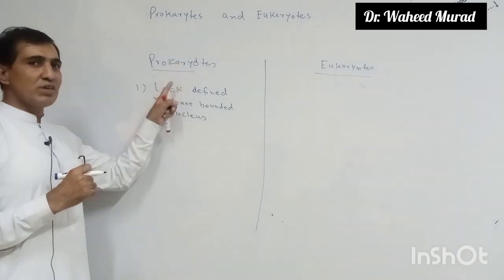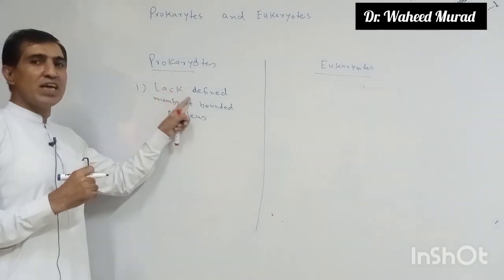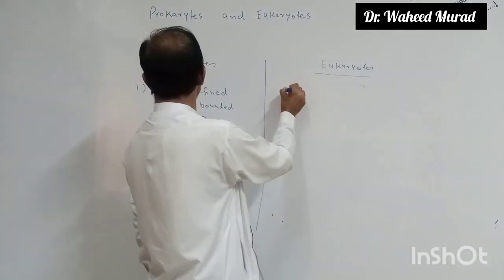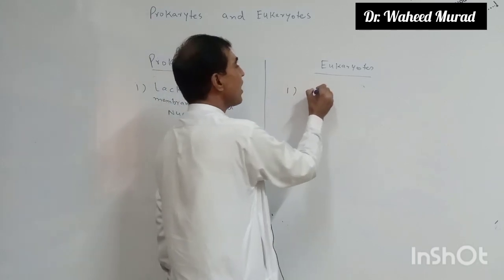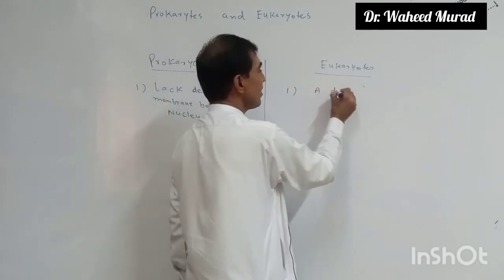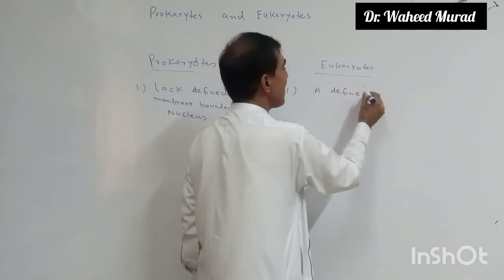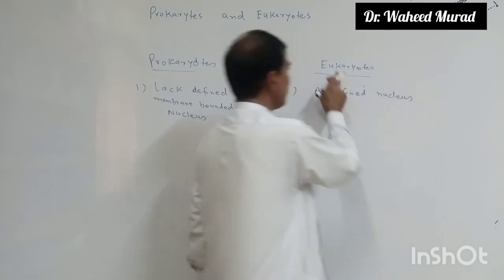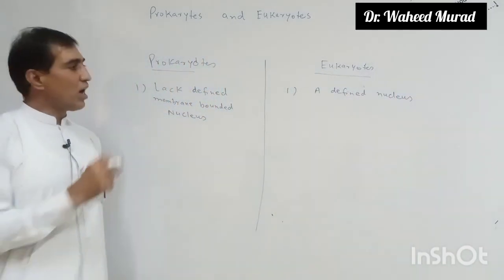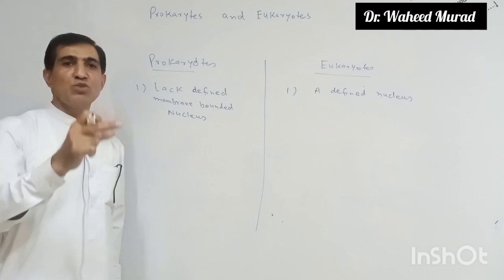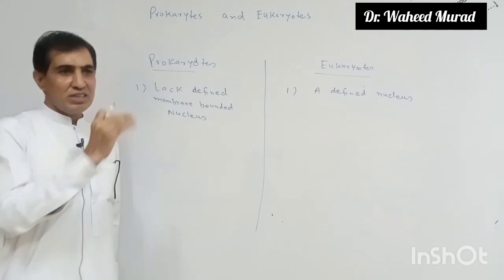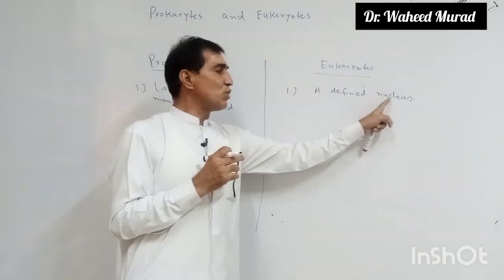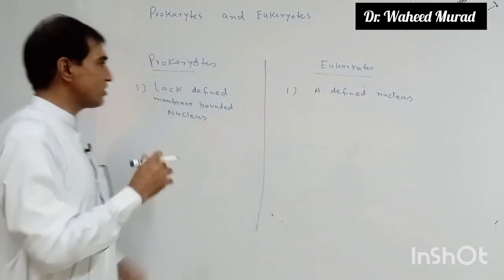These organisms don't have any nuclei in their cells. A eukaryotic cell has a defined nucleus. It has a well-defined membrane-bounded nucleus, and such organisms possess well-defined nuclei in their cells. That is the basic difference.